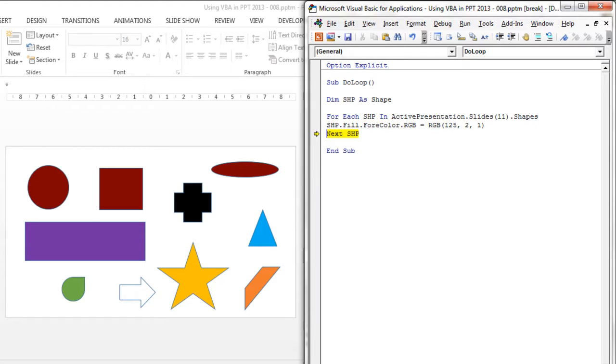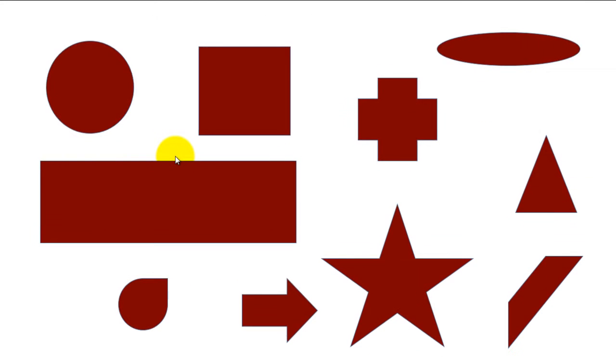See, it's moving from one shape to other. The moment it has colored all the shapes, it will come out of the loop and go to the next statement, which is end sub, right? So I hope you have a good understanding of the loops.